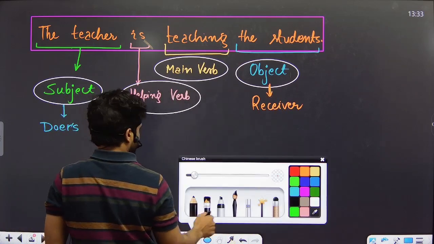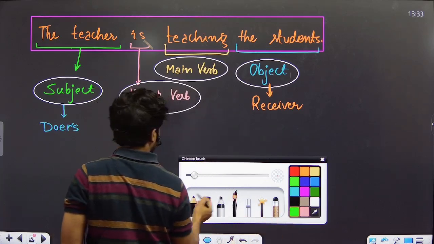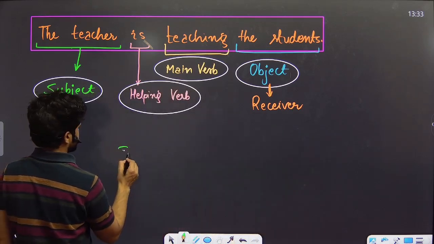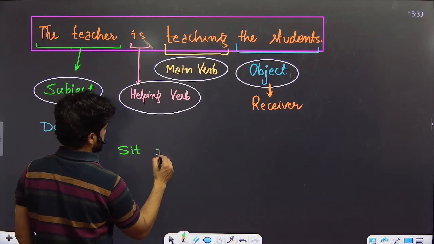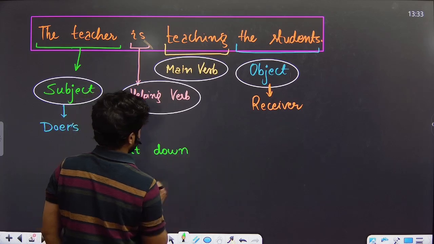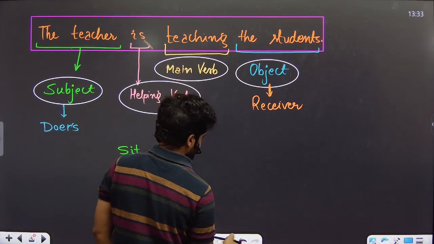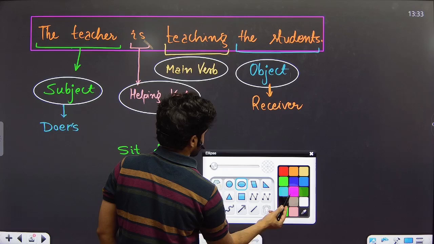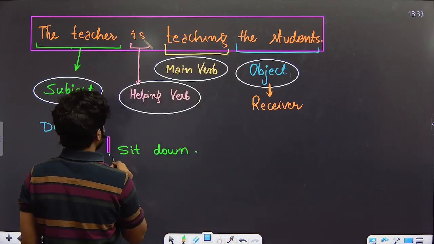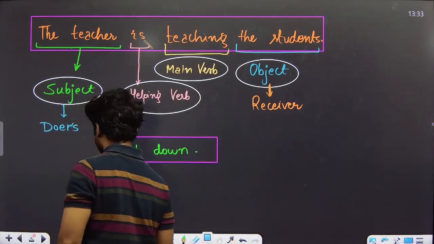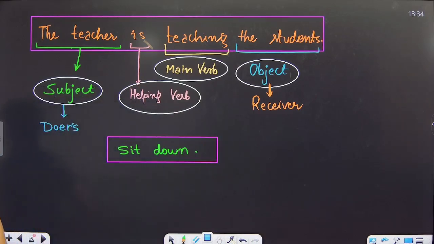Suppose one more example I will give you. Now tell me, in this case, sit down. As I told you, without subject, a sentence is not possible. So here you are seeing that sit down is written. Where is the subject? No subject. So how am I saying that this is a sentence?